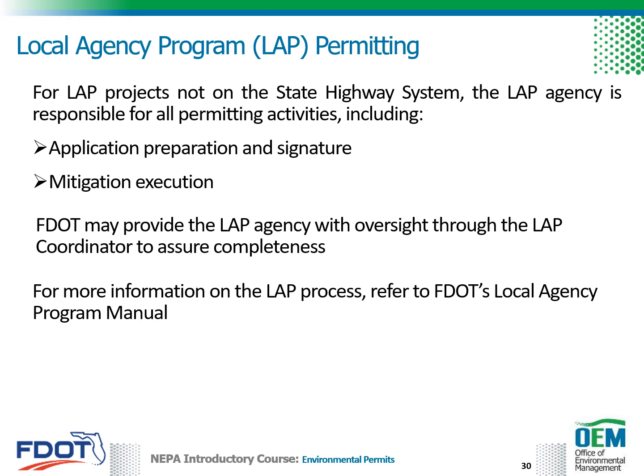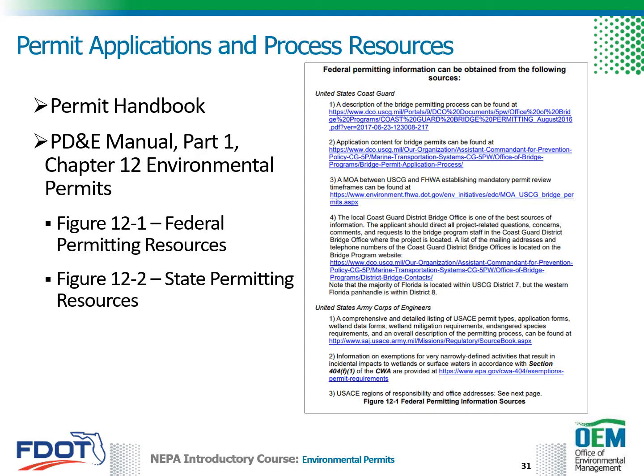For more information on the LAP process, refer to FDOT's Local Agency Program Manual. Permit application and process resources are available through the Permit Handbook and Part 1, Chapter 12 of the PD&E Manual. See Figure 12-1 for federal permitting resources and Figure 12-2 for state permitting resources.